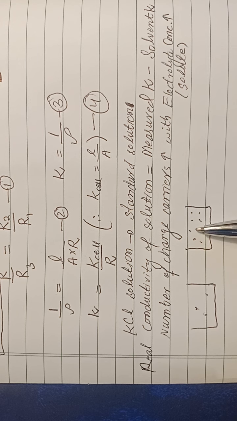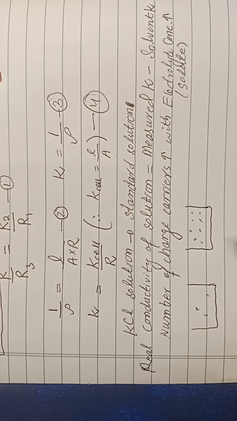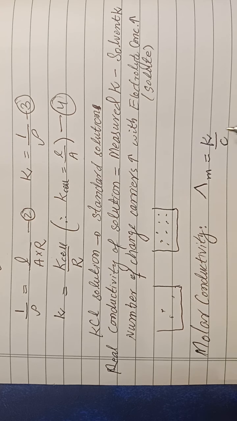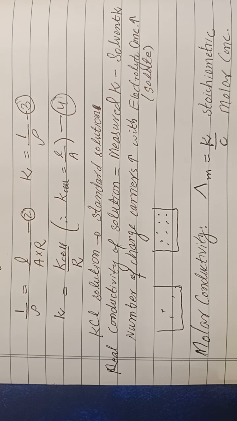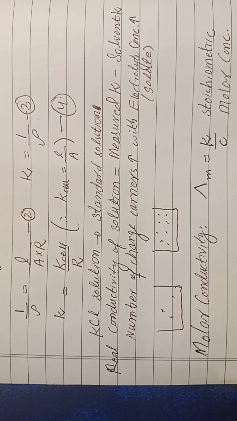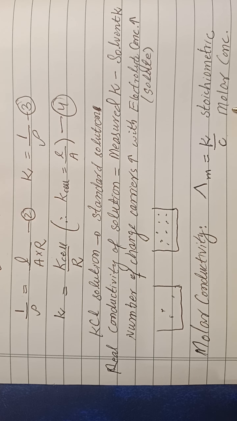So in order to get a measure of the current carrying ability of a given amount of electrolyte, one defines the molar conductivity. Molar conductivity is abbreviated as capital lambda m, which is equal to the conductivity of the solution per unit concentration. Here C is the stoichiometric molar concentration, as the molar conductivity depends on the number of active species, also known as electroactive species.